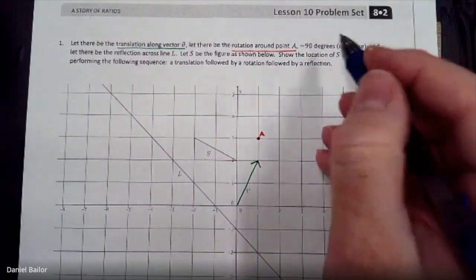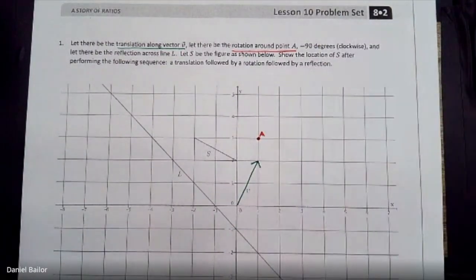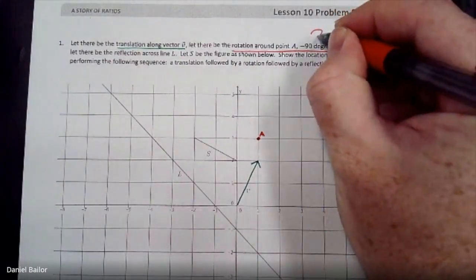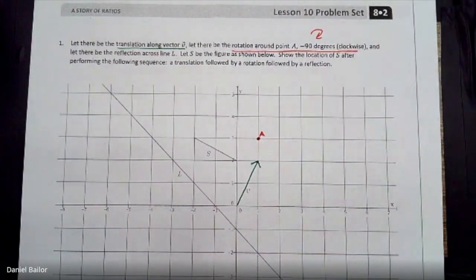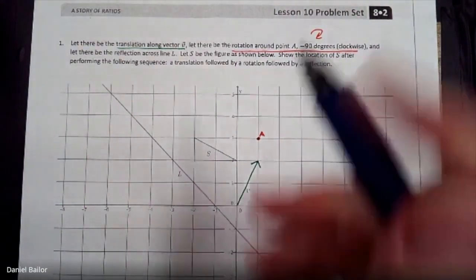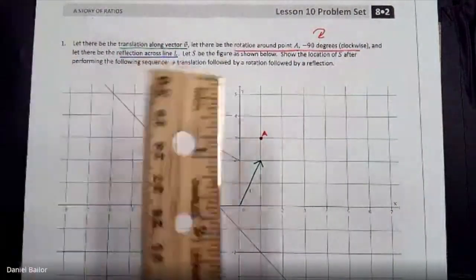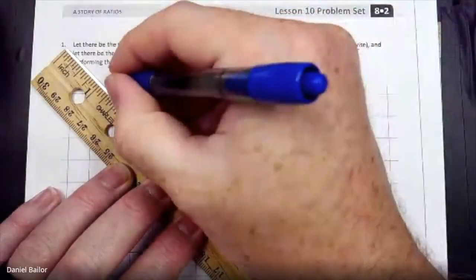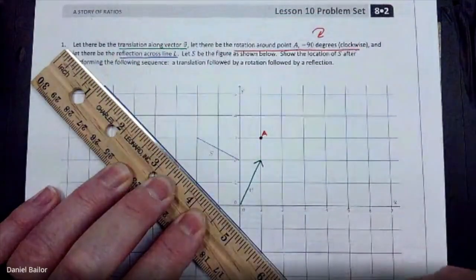Negative 90-degree clockwise. Oh, so that you have to go this way. So you're going to go 90 degrees that way, clockwise. And let there be a reflection across line L. So you're going to reflect over line L, which is right there.